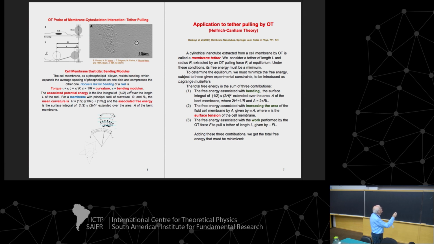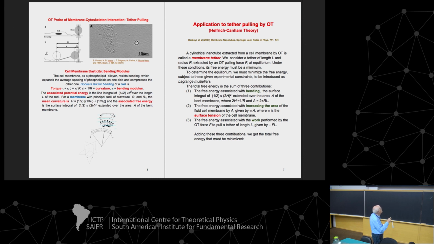Okay. As I mentioned, a cylindrical nanotube extracted from a cell membrane is called a tether, membrane tether. And suppose it has a length L and the radius R extracted by an optical tweezer, pulling force F at equilibrium. And if you want to find out what happens, you have to minimize the free energy, subject to the boundary conditions, experimental constraints, which introduces Lagrange multipliers.